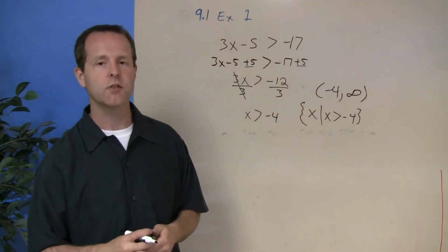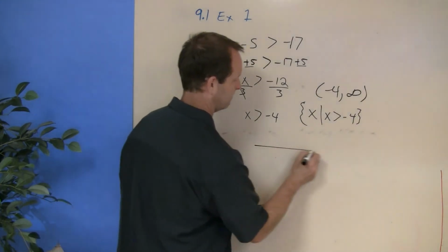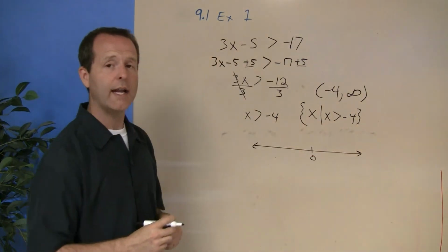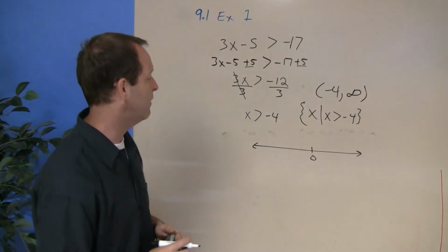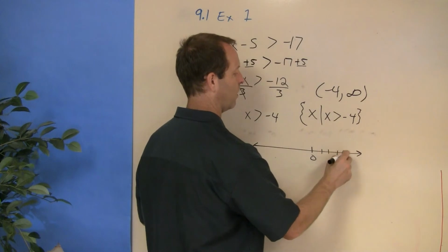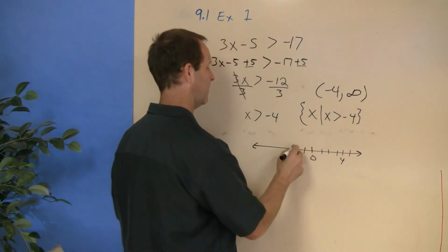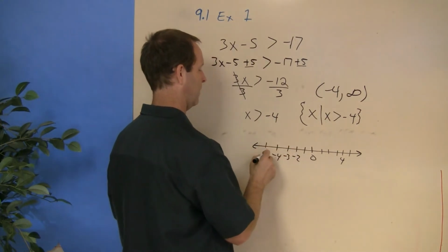And lastly, you can also identify it through a graphical solution. I'm going to draw a number line extending to negative infinity and positive infinity. I'm going to put in a couple marks: 1, 2, 3, 4, 5. Going backwards, negative 1, negative 2, negative 3, negative 4, negative 5.